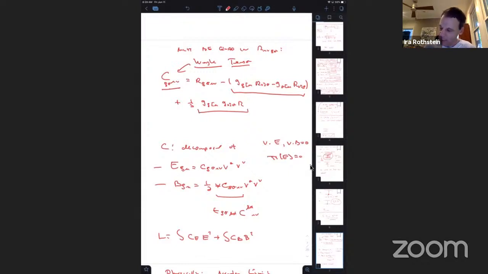Now notice, why do we want to talk about the Weyl tensor? Because if we look at R, then we know that on shell R and C are exactly the same, because these guys are 0 by Einstein's equations on shell.